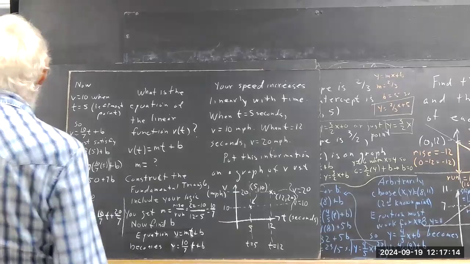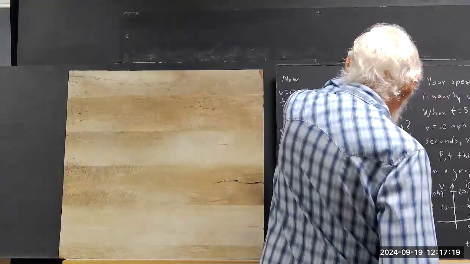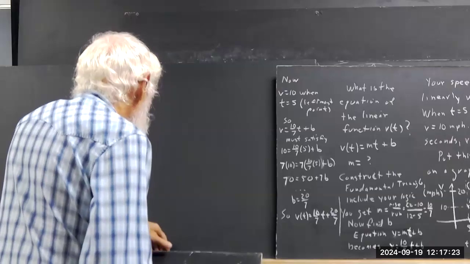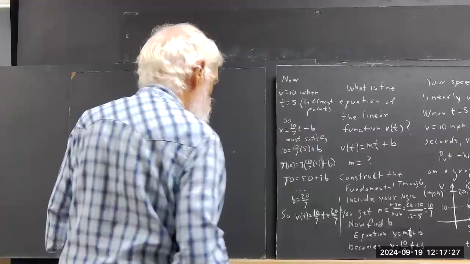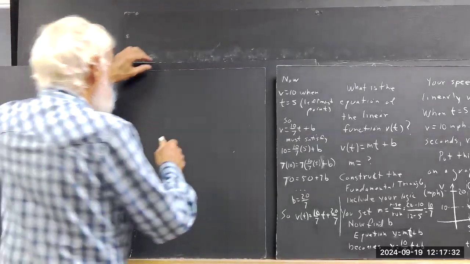All right, now I want to focus for the last few minutes on the meaning of this slope, because it's kind of the most important point in this section. Okay, so slope.